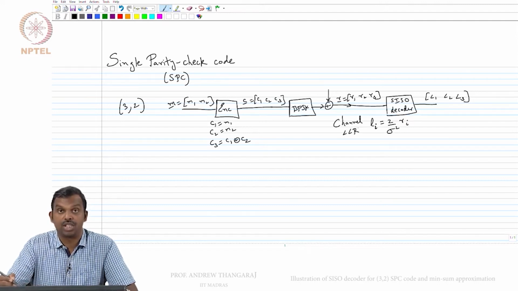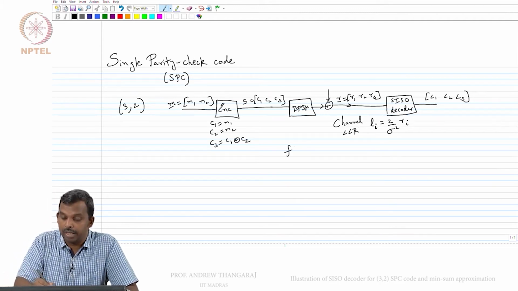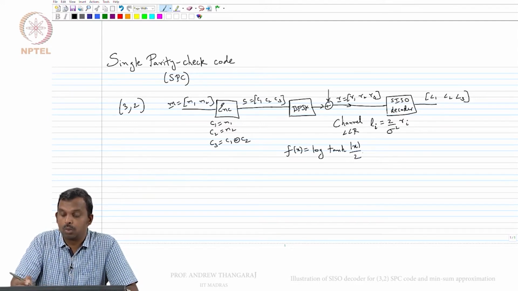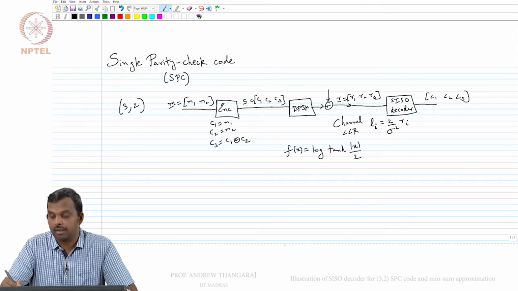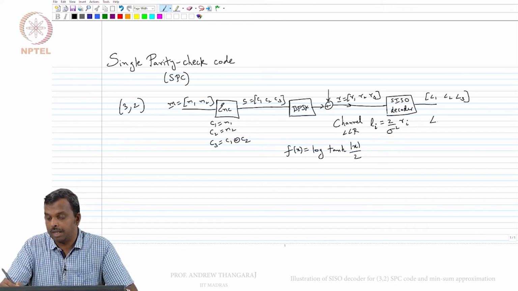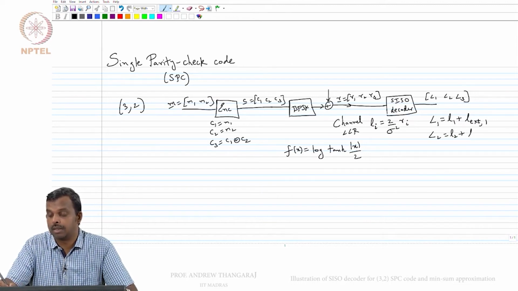We saw this derivation in the last class, and then there was this function f of x, which was log tanh of modulus of x by 2. Then we saw that capital L1 is going to become small l1 plus lx1. In fact, the same thing happens for everything: L2 is small l2 plus lx2, and L3 is small l3 plus lx3.